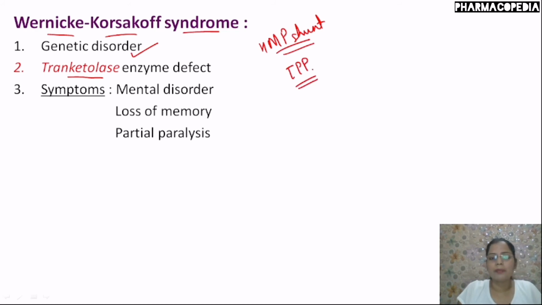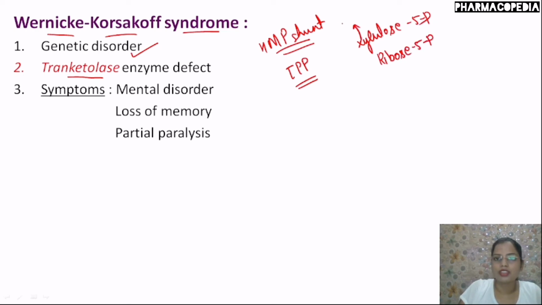Thiamine pyrophosphate की presence में ही ये अपना activity show करता था. ये क्या करता है? It causes the conversion of the xylulose 5 phosphate and the ribose 5 phosphate. Also हमने देखा था कि at the last step it causes the conversion of xylulose 5 phosphate to fructose 6 phosphate, which ultimately gets converted into the glucose 6 phosphate. So this was the role of the transketolase enzyme.